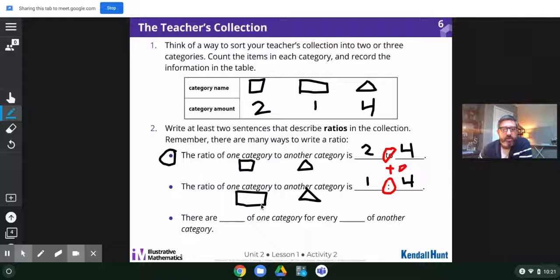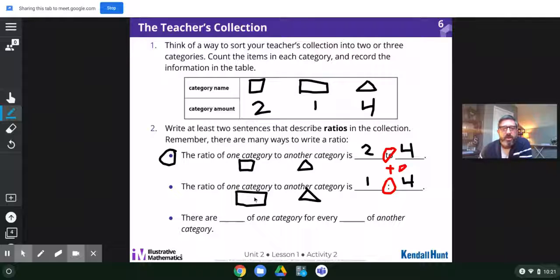So the first category that we chose was rectangle. So we know in the first blank, we need to put how many rectangles we have. So we have 1. The second category that we chose was triangles. And we know that in the second blank, we have to put the number of our second category. And we know we have 4 triangles. So the ratio of rectangles to triangles, again, is 1 to 4.